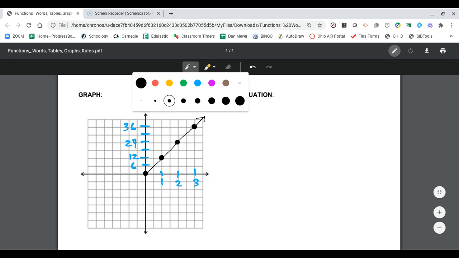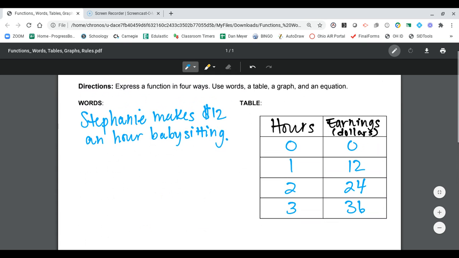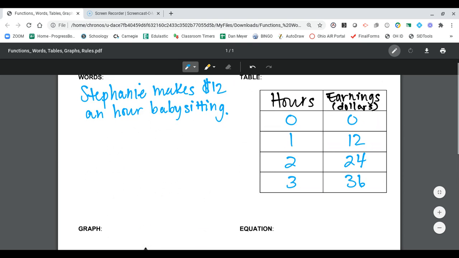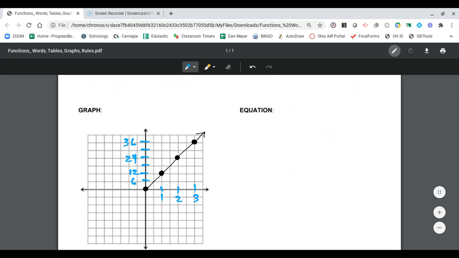All right, lastly, we're going to take what we know from the words, $12 an hour, looking at the table, looking at the graph, and we're going to write an equation. Just for review, I'm going to show you the equation in both slope-intercept form and point-slope form.